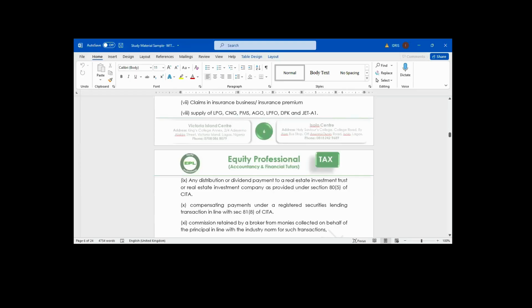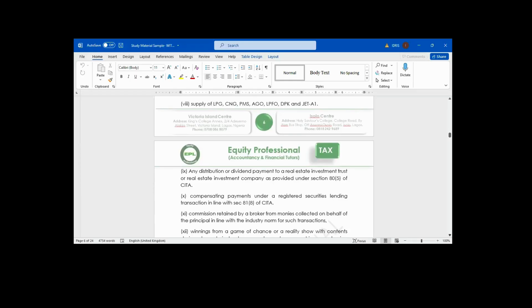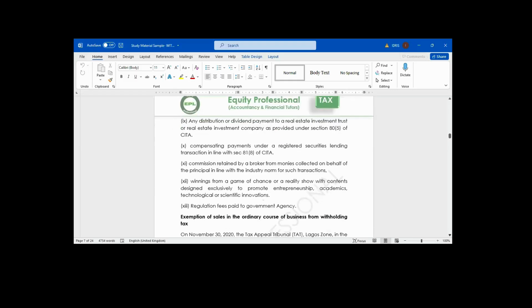Another one. Distribution of dividend under real estate investment company. When you receive a dividend from a real estate investment company, that dividend is exempted from withholding tax.